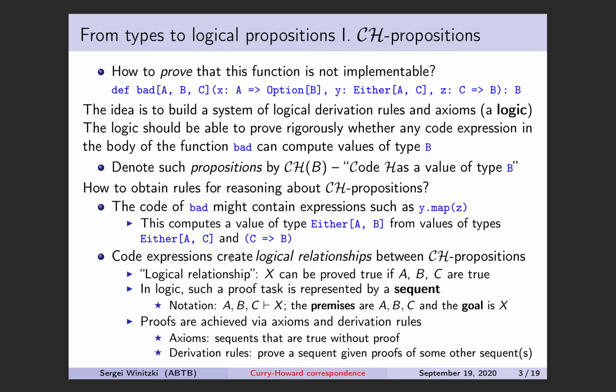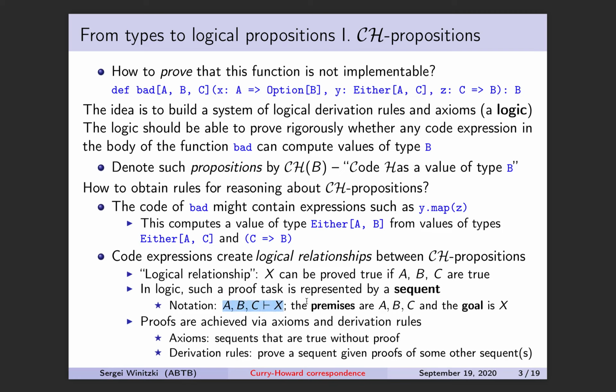So in logic, the proof task of this kind, when X can be proved if A, B, C are true, is called a sequent. A sequent is an elementary proof task to prove one thing given some other things. So assuming that we have proofs of these things, we prove this.